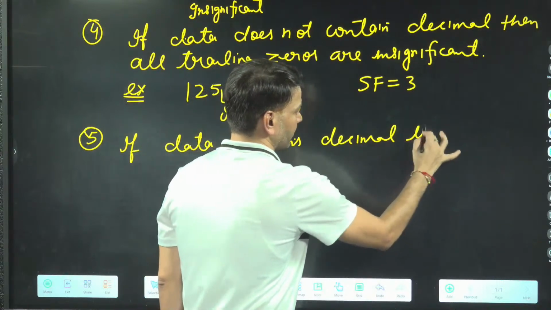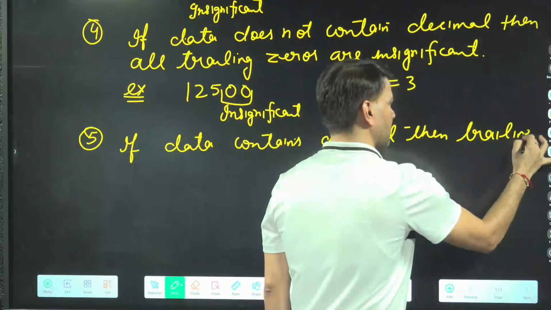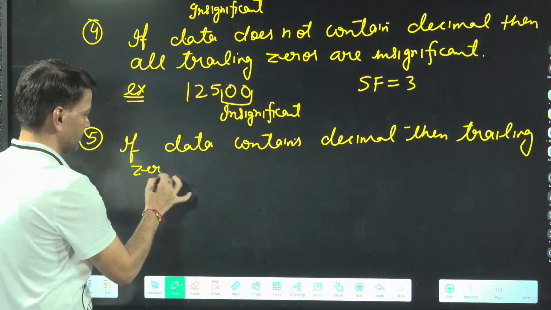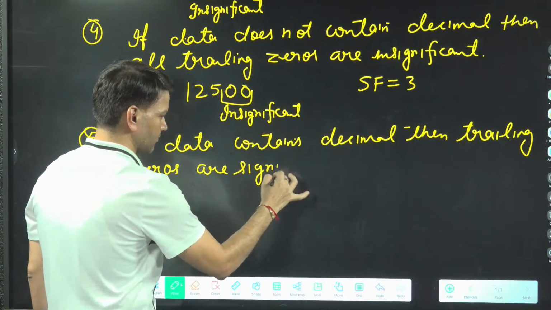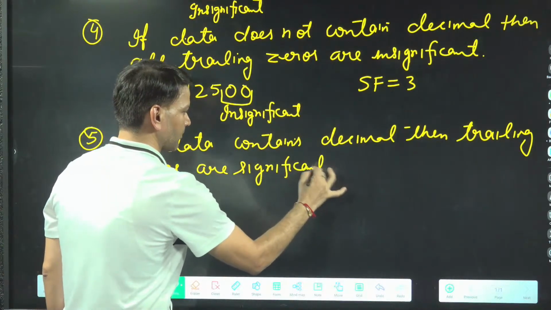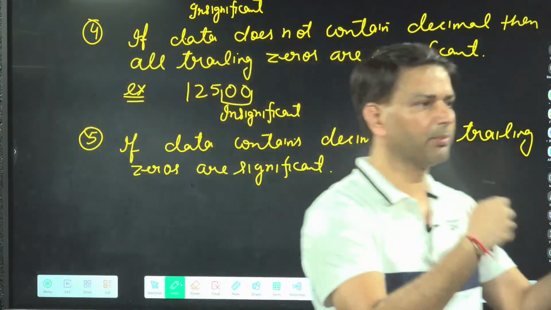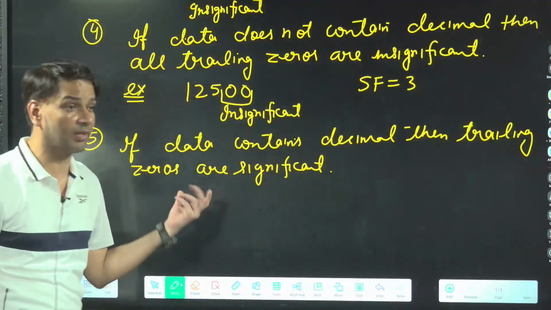Number 5: now suppose the number contains a decimal. Then trailing zeros are significant. It is actually not just a number, it is any experimental or measured data.